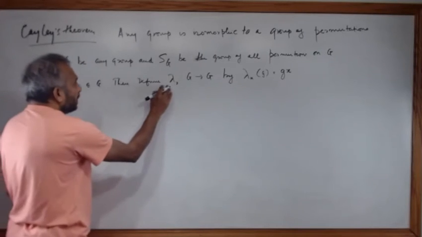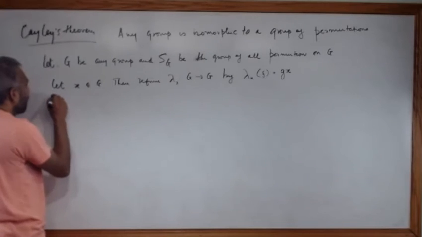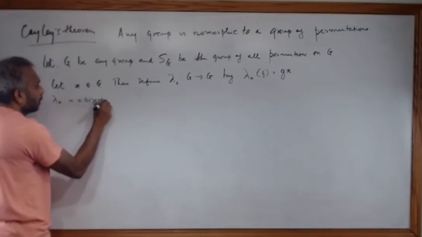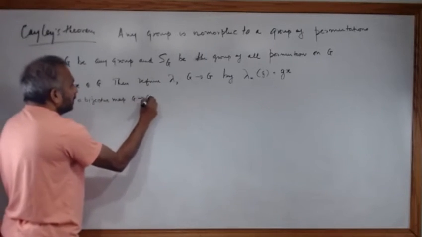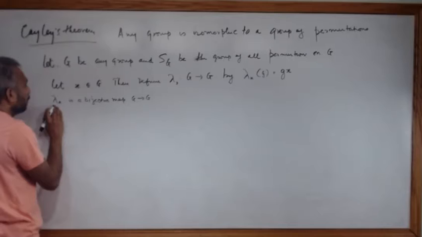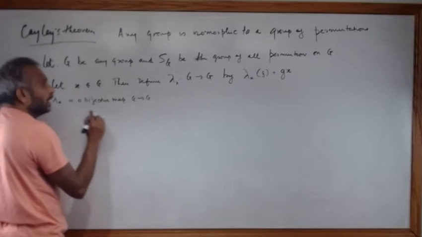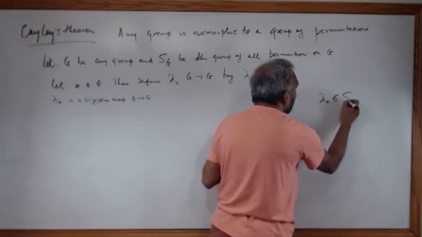Now our claim is that lambda_x is a bijective map from G to G. Once you prove that, lambda_x belongs to S_G.